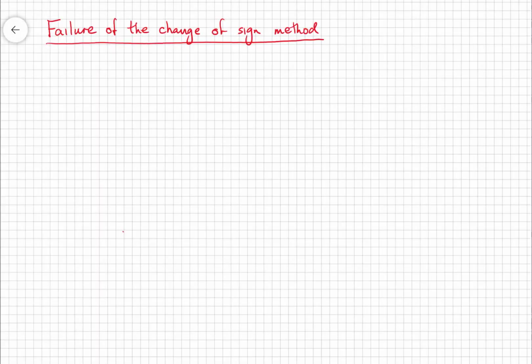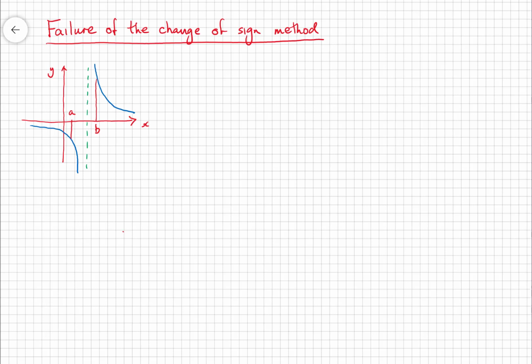Finally, we need to consider the possibility that this change of sign method might fail. And there are a number of cases where this can happen. Consider this graph. We can see that there's a vertical asymptote. To one side of that asymptote, we have a y value that is negative when x is equal to a.